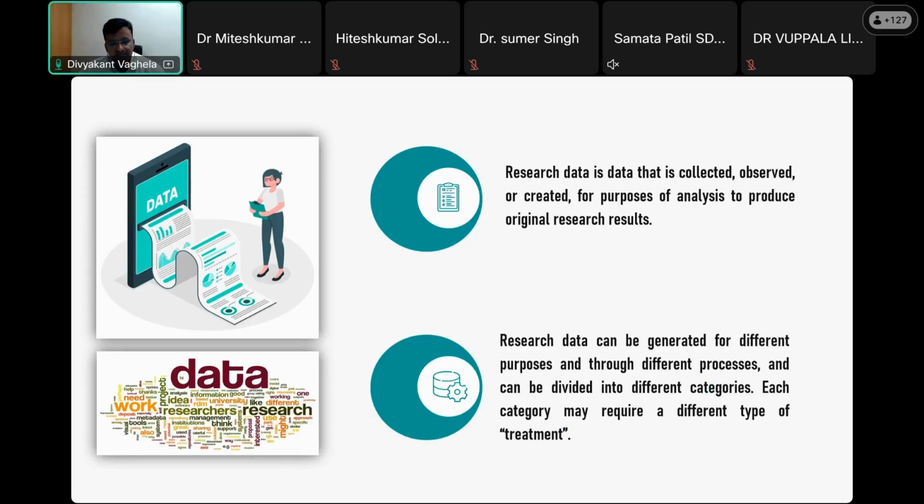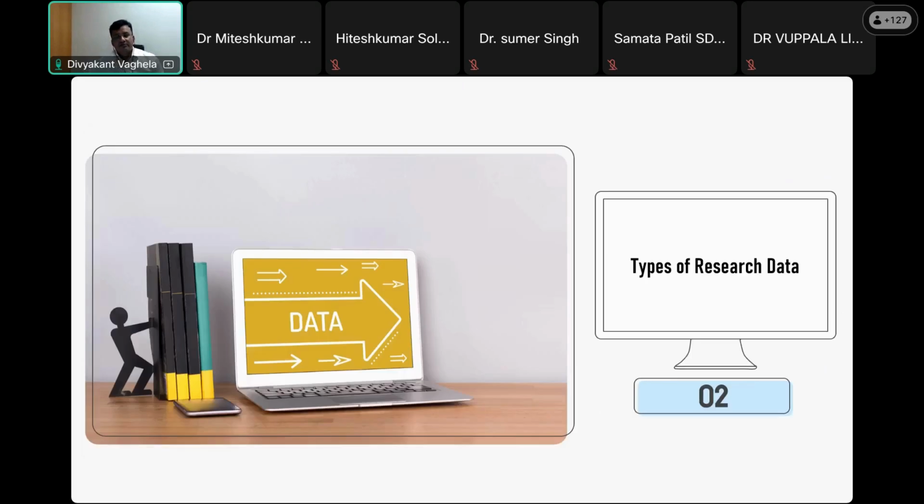Different techniques are needed to generate the data, and each category may require a different type of treatment. For that, there are various methods to collect the data. That is what we are going to cover in types of research data.